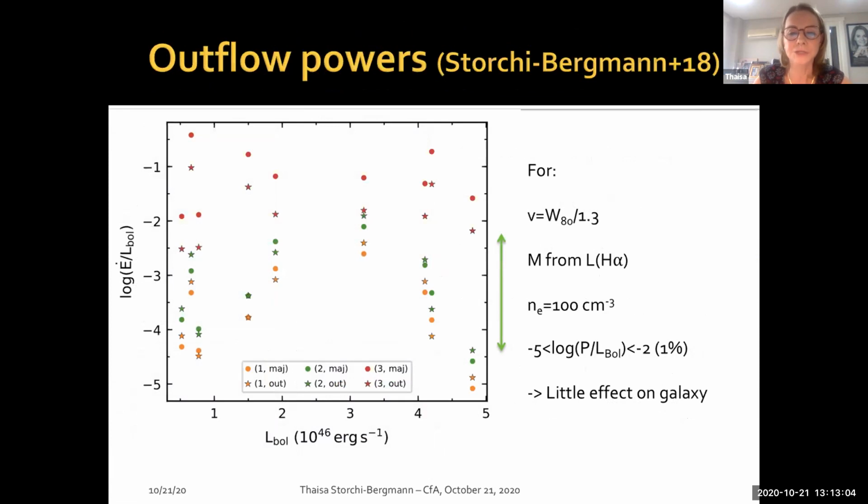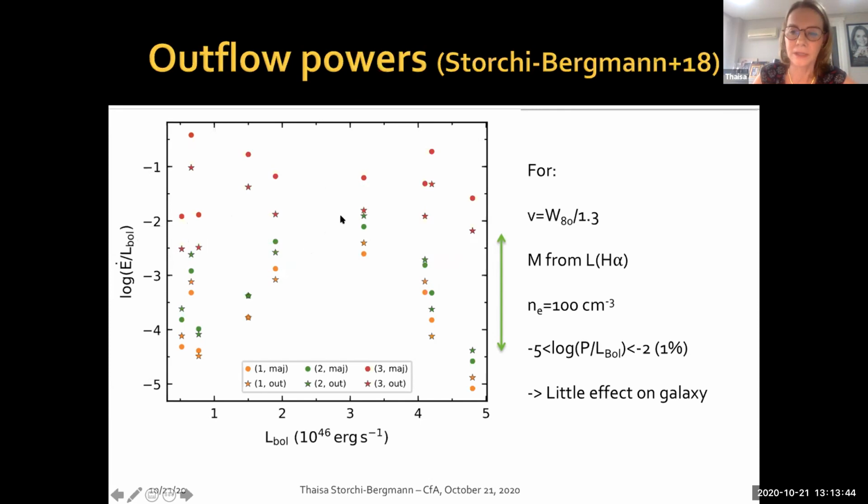Using our recipes for outflow, we obtained a range of outflows from 10^-5 to 10^-2 of the AGN luminosity. So it's a big range, but it's still a bit short. Only in one source do we arrive at 1% of the AGN luminosity.